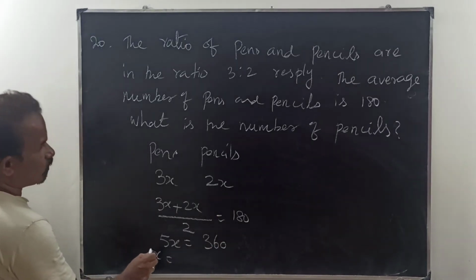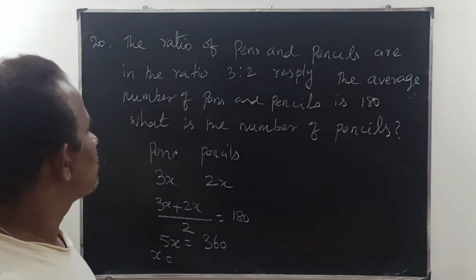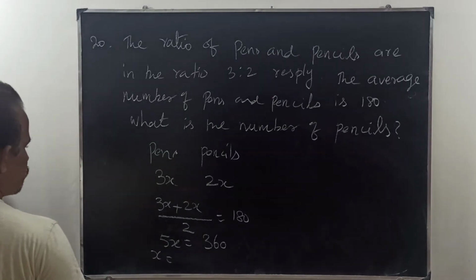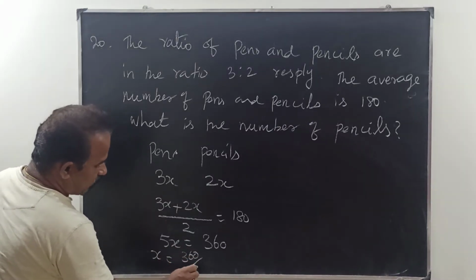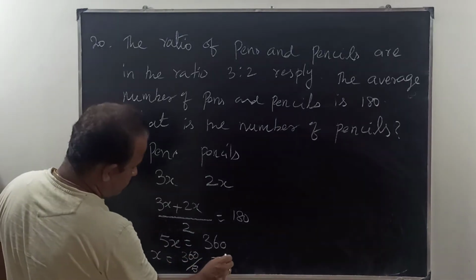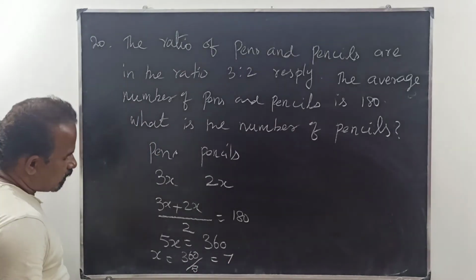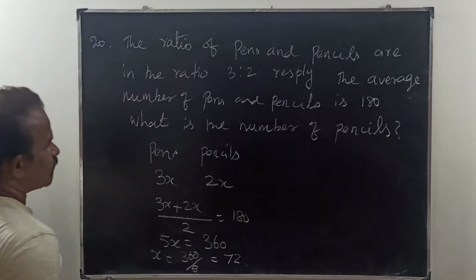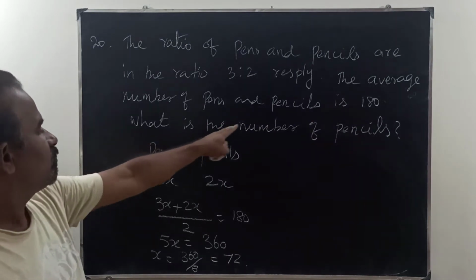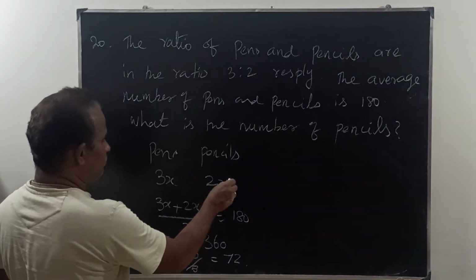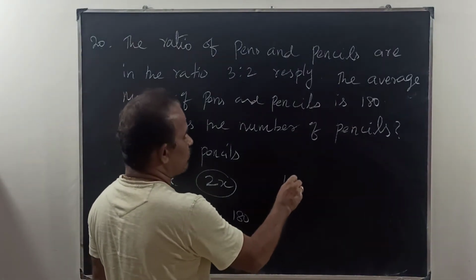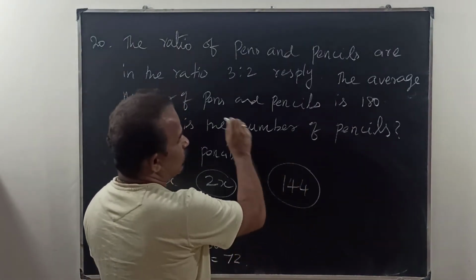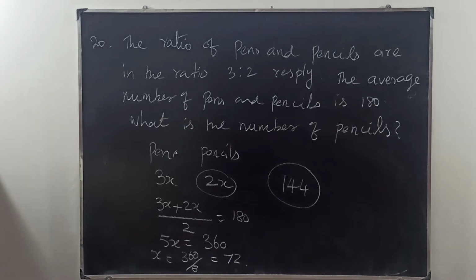Therefore x is equal to 360 divided by 5, which is 72. The question is, what is the number of pencils? 2 times x, therefore the answer is 144 pencils.